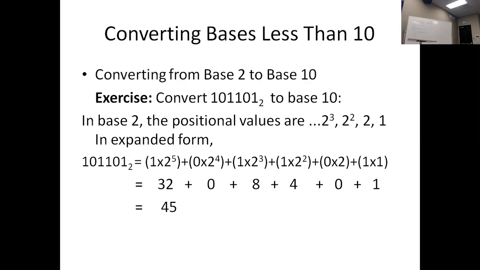The farthest one is in position 6, so multiply 2 to the power of 6 minus 1, which is 5, then 2 to the power of 4, 3, 2, 1. It's interesting. Such a huge number, it looks like 100,000 in our system. Actually, it's equivalent to 45 in base 10.